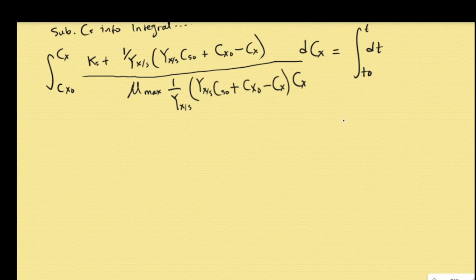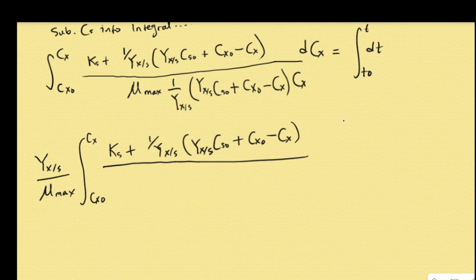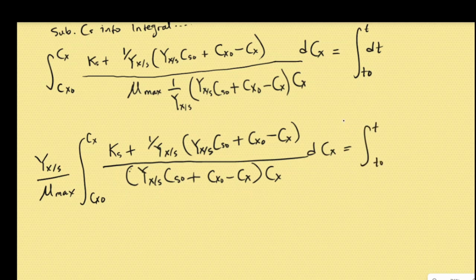In extracting the constants, which are mu max and 1 over Yx/s, it becomes Yx/s over mu max, integral from Cx0 to Cx of (Ks plus 1 over Yx/s into (Yx/s Cs0 plus Cx0 minus Cx)), and all over (Yx/s Cs0 plus Cx0 minus Cx) Cx dCx is equal to the integral from t0 to t of dt.